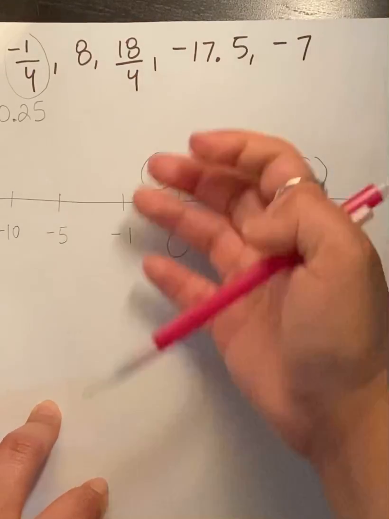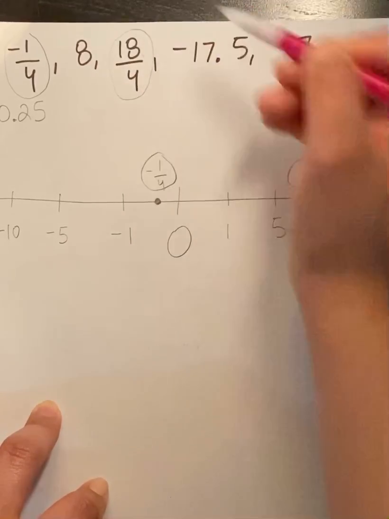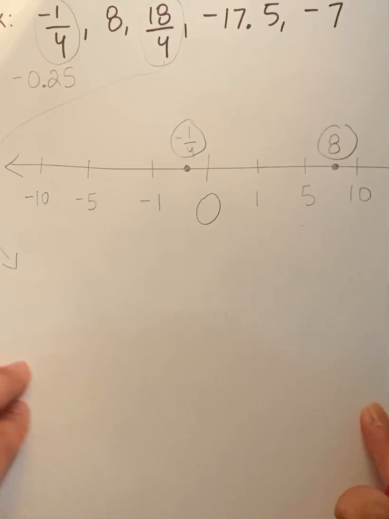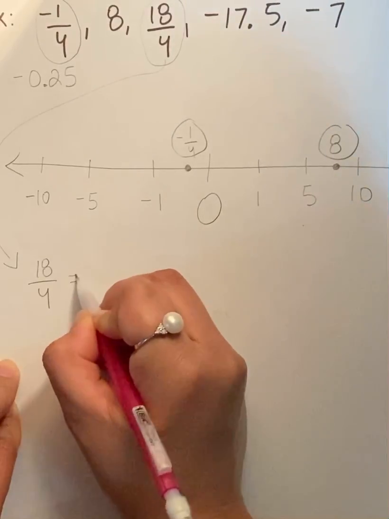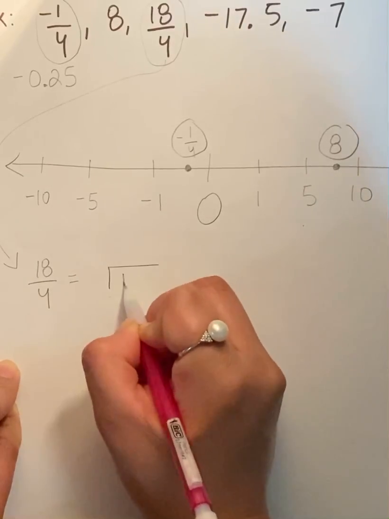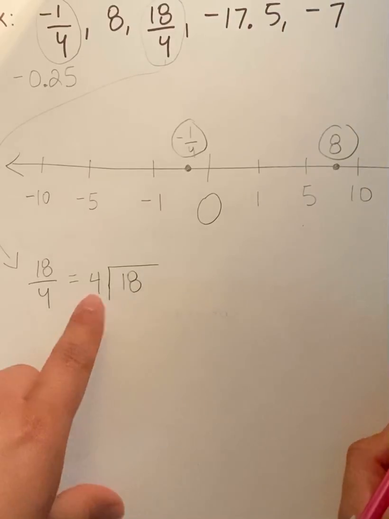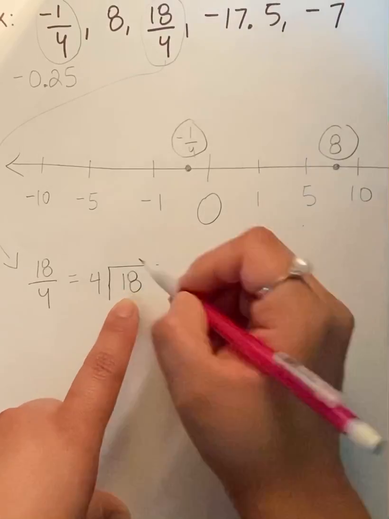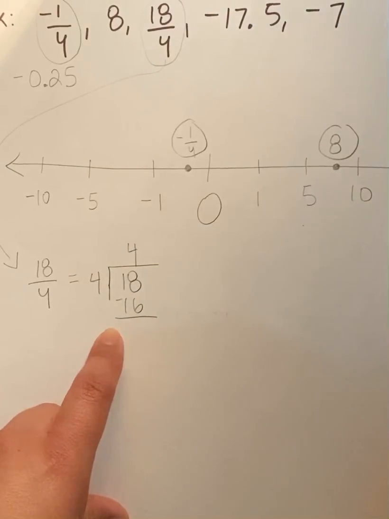And like we did in one of the activities, I can rewrite this as a decimal using long division. So I'm going to take it down here and write 18/4. Inside goes 18, outside goes 4. And I'm thinking, how many times does 4 go into 18? And I know that is 4 times. 4 times 4 is 16. I subtract. 18 minus 16 is 2.